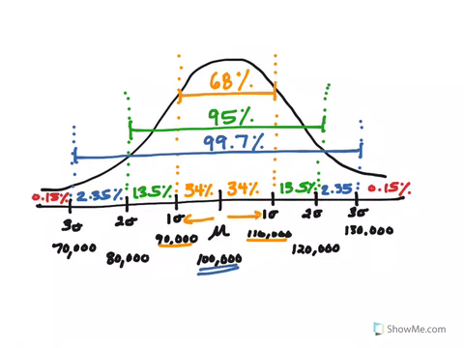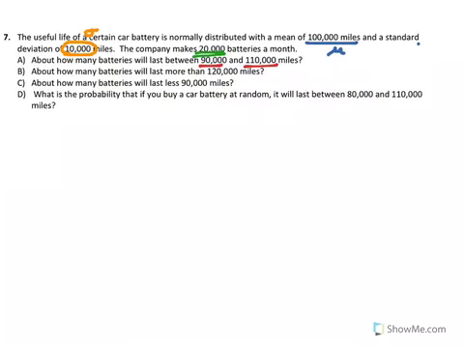So we see that 68% of those will lie in between those numbers. So all we need to do then is just apply that 68% to this question.